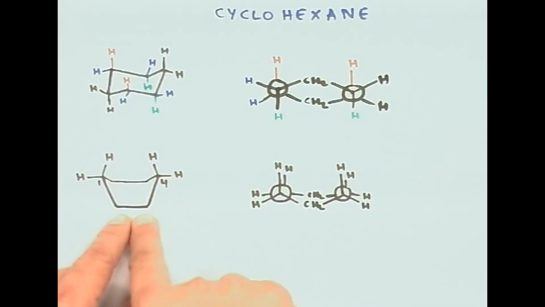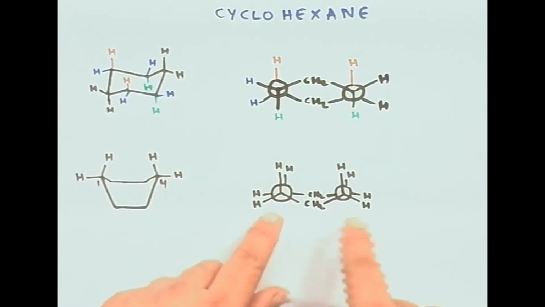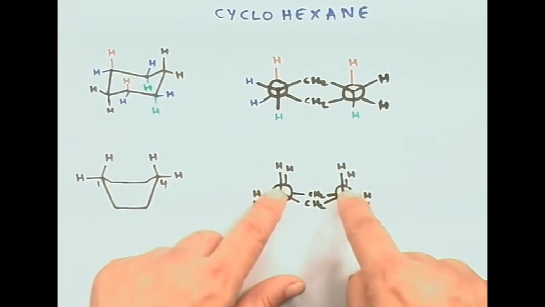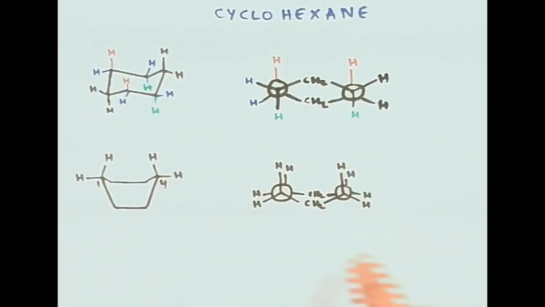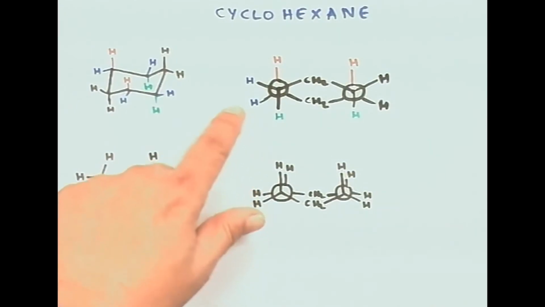This is the boat, and then how the boat can be represented by means of Newman's projections on a 2-dimensional paper. You can see all these 4 carbon atoms are here eclipsed, and at the same time you can see these 2 carbon atoms and the hydrogens are also eclipsed. That is why the torsion strain is very high in this boat form, whereas it is less in the cyclohexane of chair form.